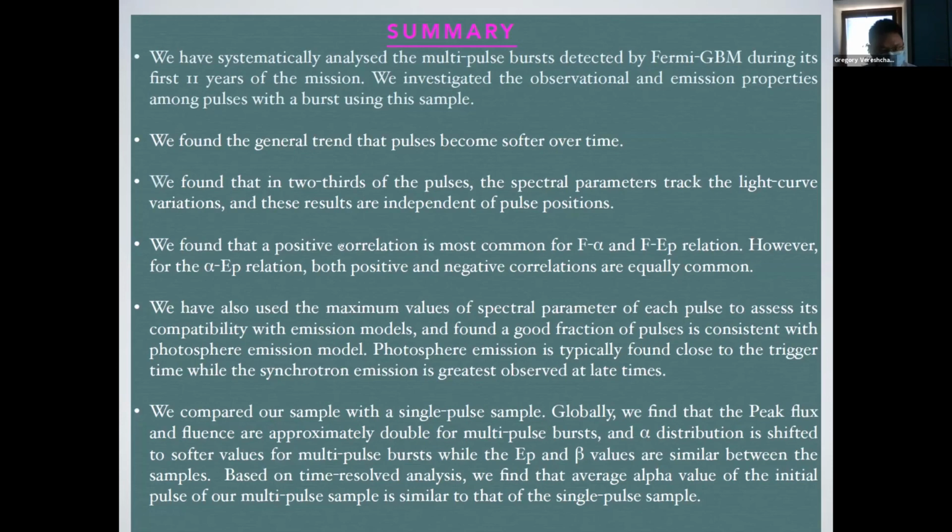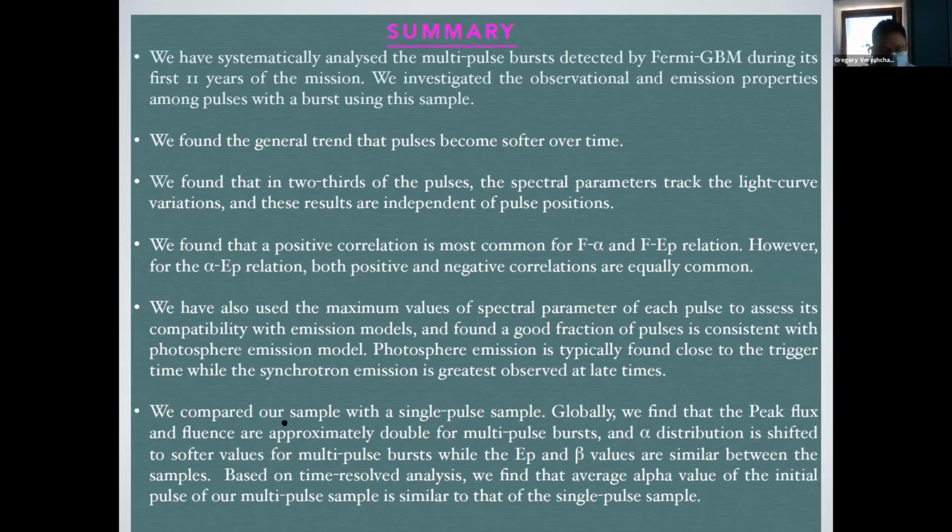We also found that a positive correlation is most common for the F-alpha and F-Epeak relation. However, for the alpha-Epeak relation, both positive and negative correlations are equally common. We also use the maximum value of the spectral parameters of each pulse to assess its compatibility with the emission models and find that a good fraction of the pulses is consistent with the photosphere models. Photosphere emission is typically found close to the trigger time, while synchrotron emission is directly observed at late times.